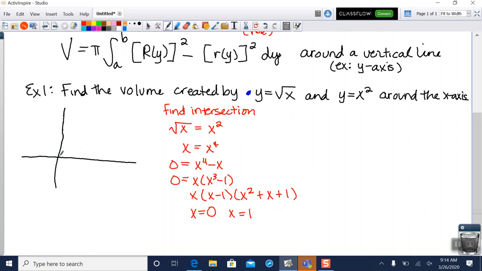So if I plug in 0 for x, I get 0. If I plug in 1 for x, I get 1 for y. But I'm also going to pick a point somewhere in the middle. So I'm going to plug in a half. What is the square root of a half?